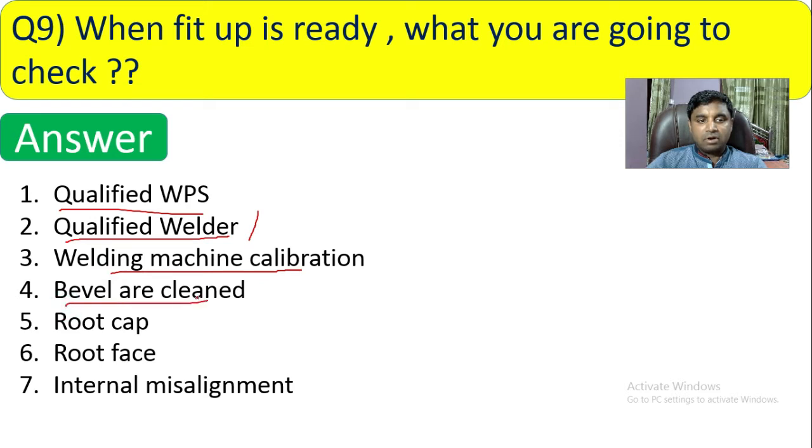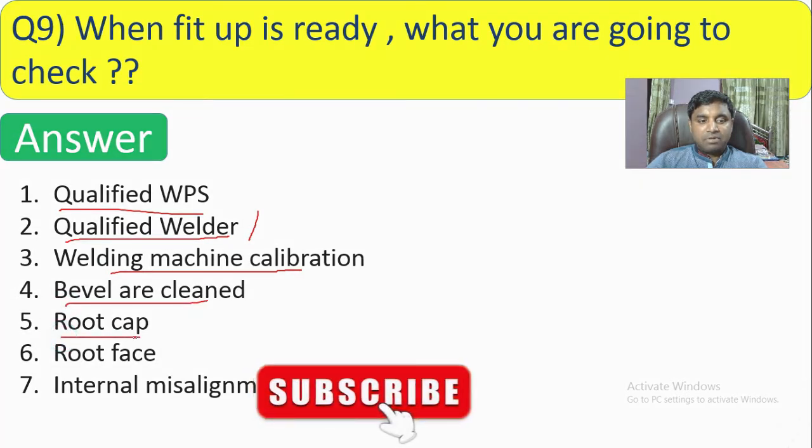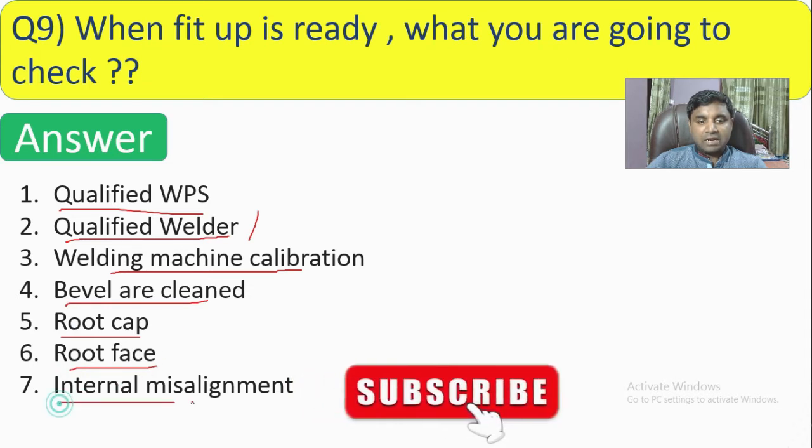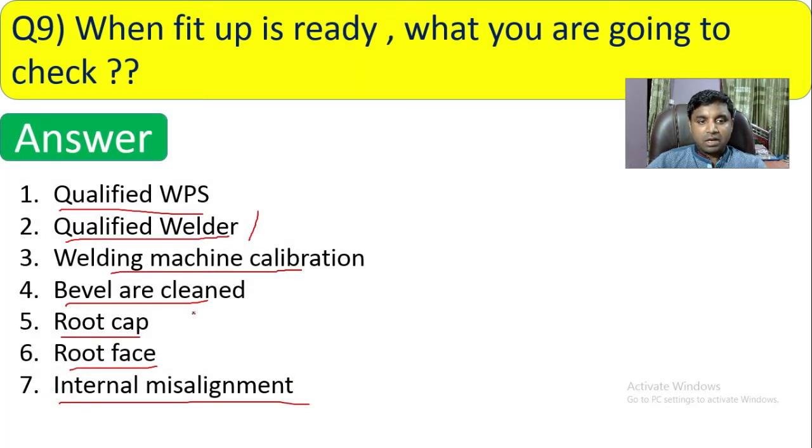Are the bevels cleaned or not? Is the root gap and root face as per WPS or not, and internal misalignment. So from where do you have to check all these things? You have to check from the WPS. You can check all these requirements from the WPS.